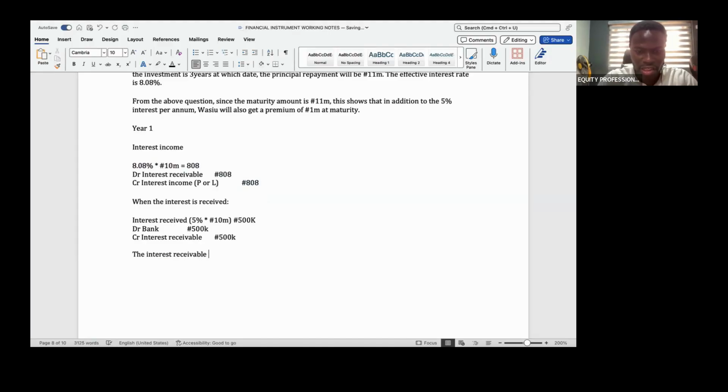How much is the balance in the interest receivable account? We have a balance of 308, which is this 808 that was there before, minus the 500 that we received. So it will have a balance of 308, which can then be transferred to the financial asset accounts.